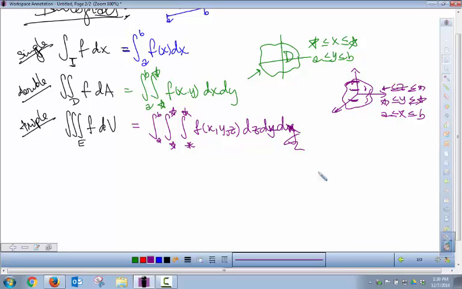And then once we got used to these integrals, we dove into some other stranger integrals. So the next type of integral is a path integral. This time your geometry is different because you're not doing an interval or some two-dimensional region or some three-dimensional region.